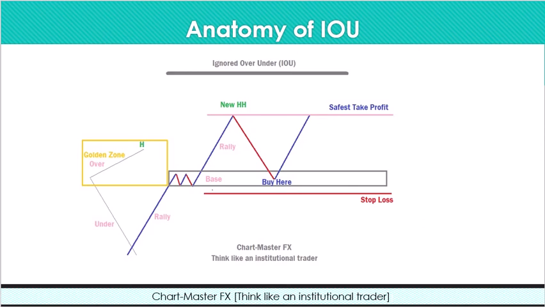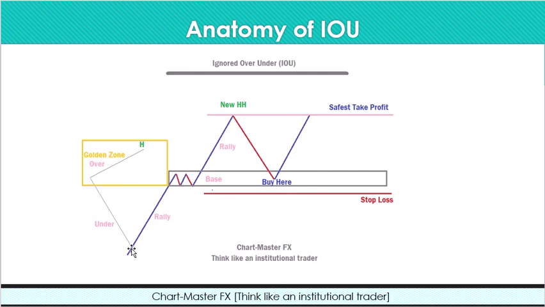As you can see here on the anatomy of the over under, you'll be having your under here, you have your over here, you have your golden zone. Like I said before, the price creates a low here, and once it creates a low here, that low is engulfed and the price creates a lower low.